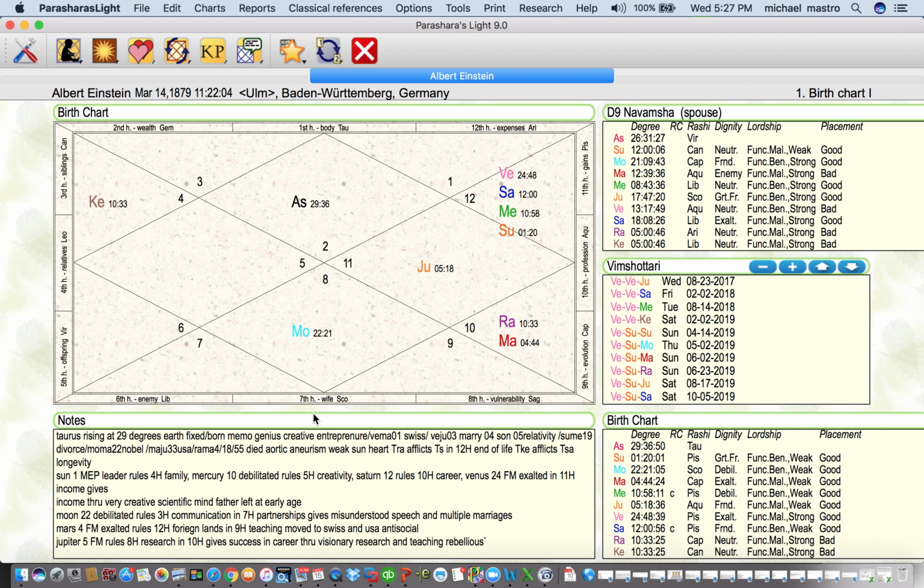Now what we could do in terms of remedies are chants and charities. So a kavach, or wearing a pearl, wearing emerald, wearing a blue sapphire, all of those could be helpful, as well as some red, no, not red coral, because that's malefic.